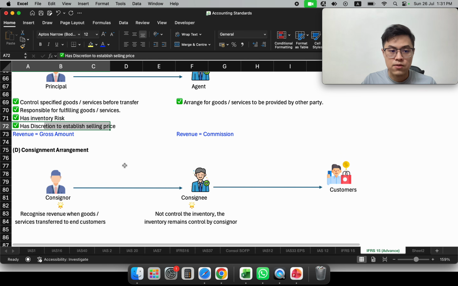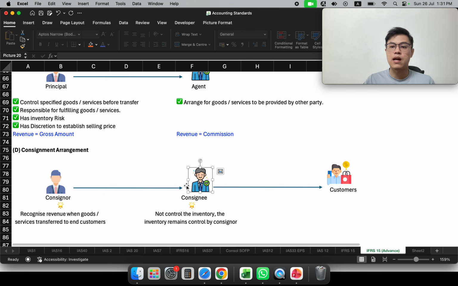They have the discretion to set the selling price. So the consignee just helps the consignor to sell the goods, to arrange the selling. Maybe their administration process is very good, they have good customer traffic, and therefore we put our stock in their places. So this is what we call a consignment arrangement.